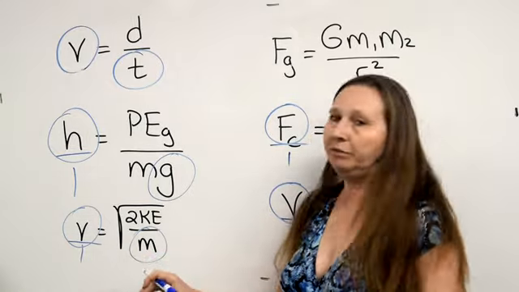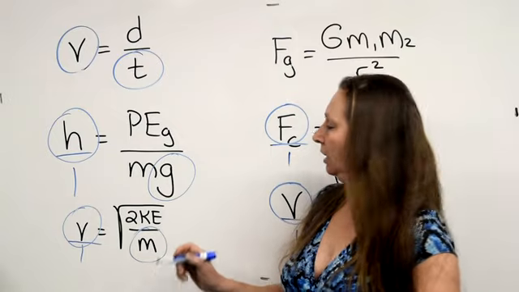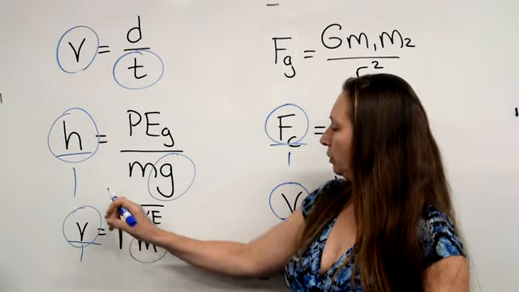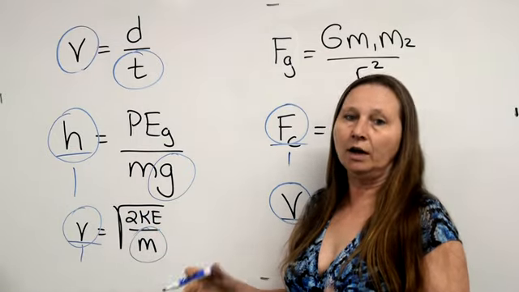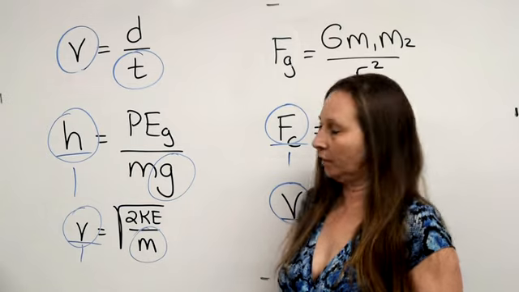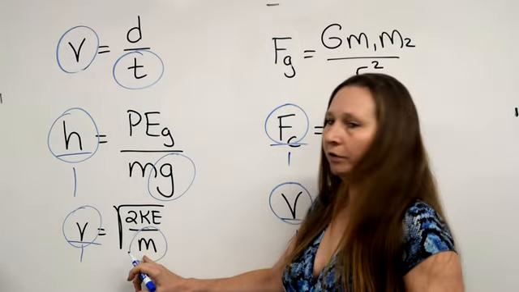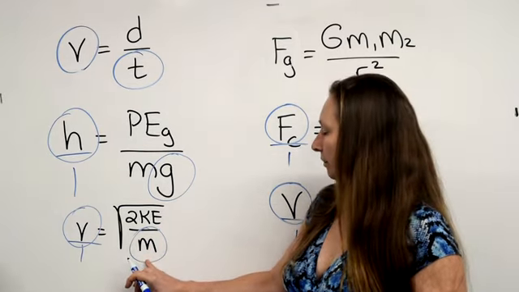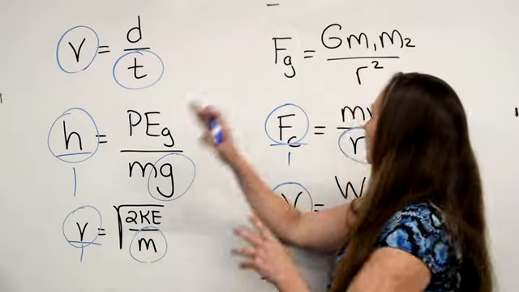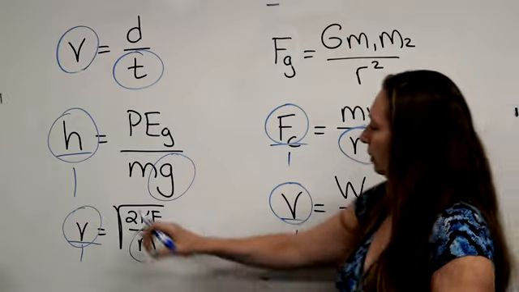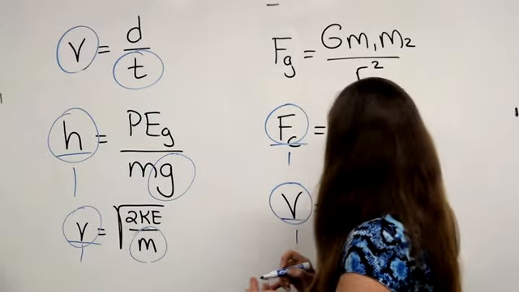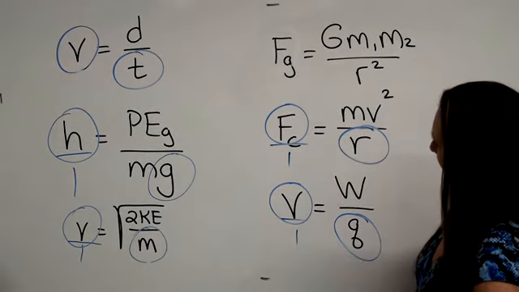I mean, it definitely is an inverse relationship, but keep in mind it's not going to be quite as straightforward as these others because you've also got the square root sign there affecting how the speed changes. It is going to be an inverse relationship because it's in the denominator. This is in the numerator, this is in the denominator, but not as straightforward as these others because of the square root sign also. Okay, so that's an inverse relationship.